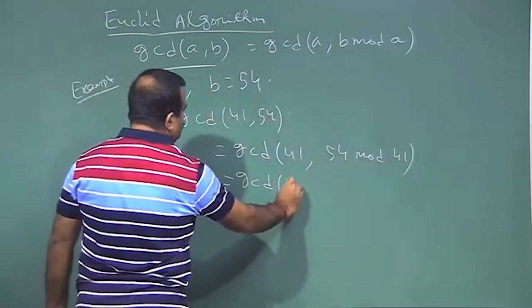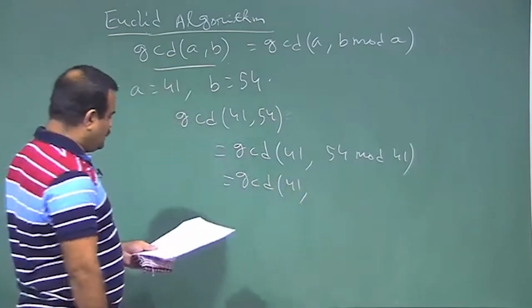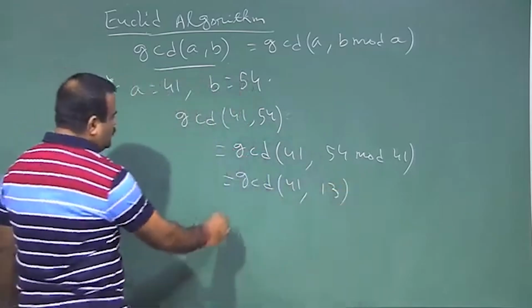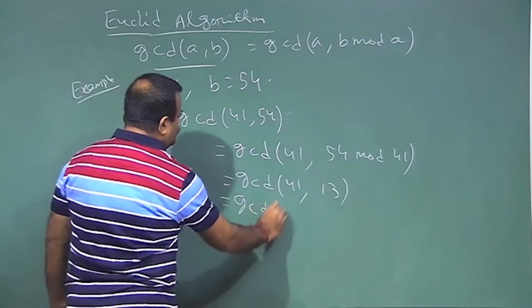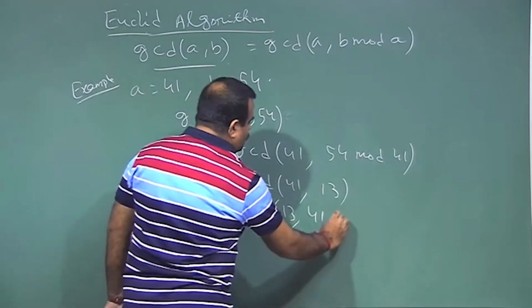Now 54 mod 41 is 13. Then again we take GCD of 13, 41 mod 13.